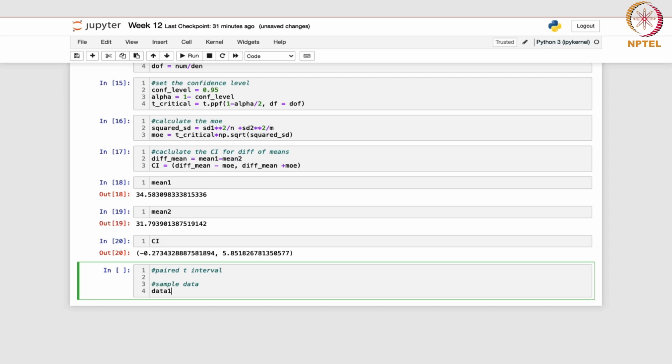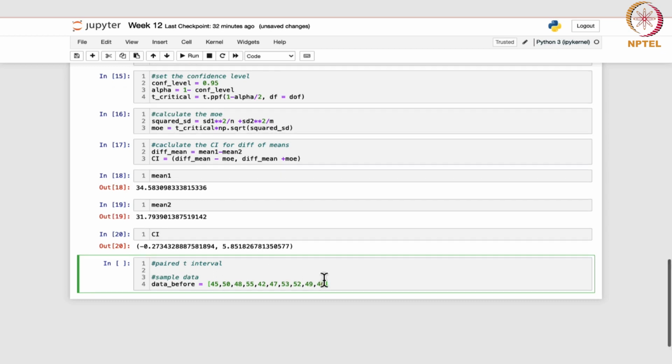So data 1 is the before one, so I would write data_before. Let this be basically an array. It would contain, suppose, 45, 50, 48, 55, 42, 47, 53, 52, 49 and 46.